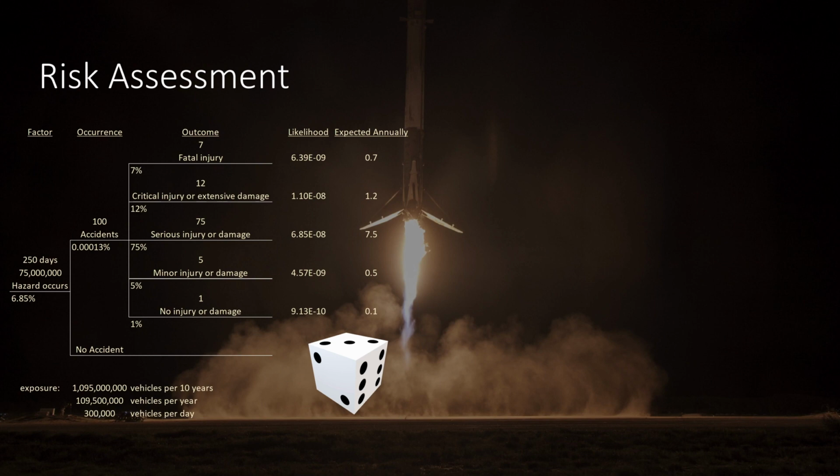And one of the more powerful attributes of an expected value is it takes something that appears very complex and intimidating, like 6.85 times 10 to the minus 8, a number that most people aren't comfortable with and don't have a very good intuition about what that means. But if we translate for them and we say that translates into 7.5 accidents per year, now we've got a term that most people can understand very easily.